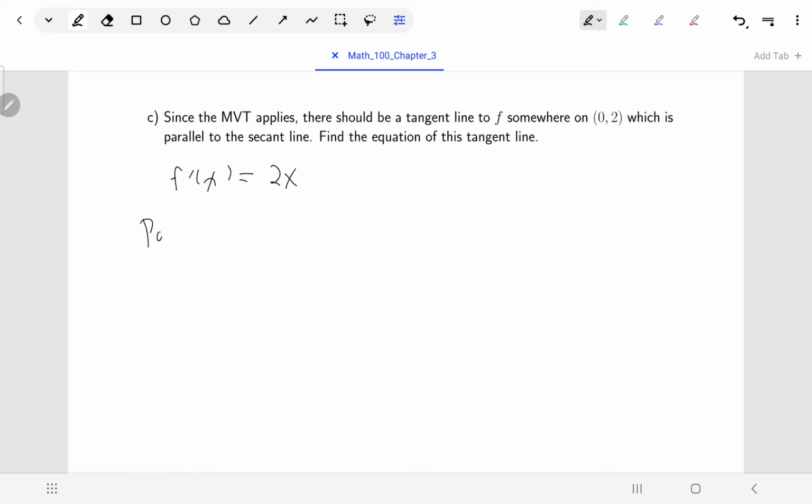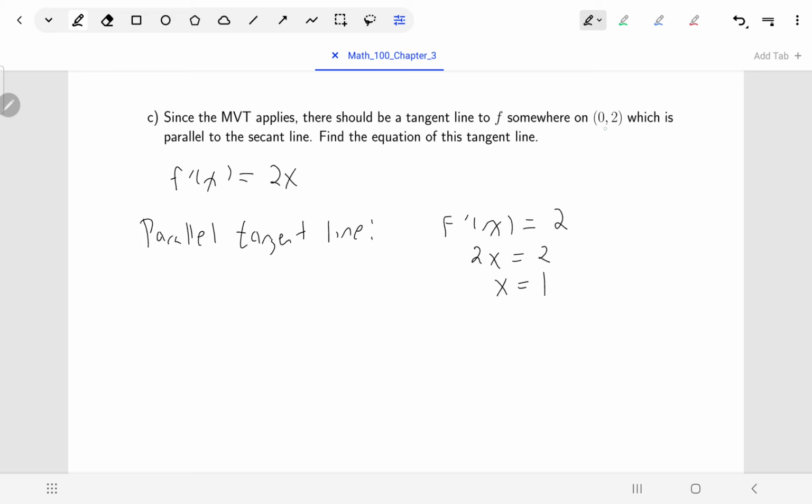So if I've got a parallel tangent line, I would need my derivative to have the same value as the slope of my secant line, and my secant line had a slope of 2. So I would need my derivative to be equal to 2. Conveniently enough, the value for x that I found is inside my interval.